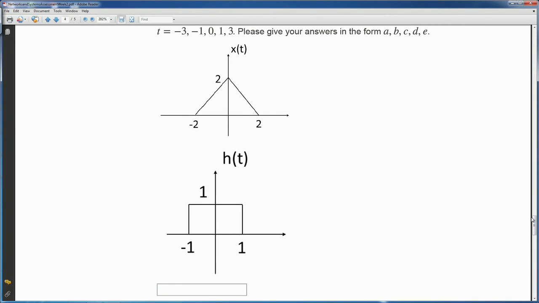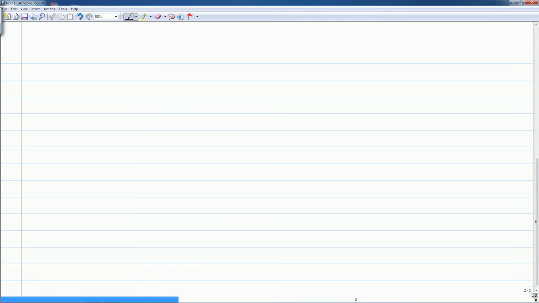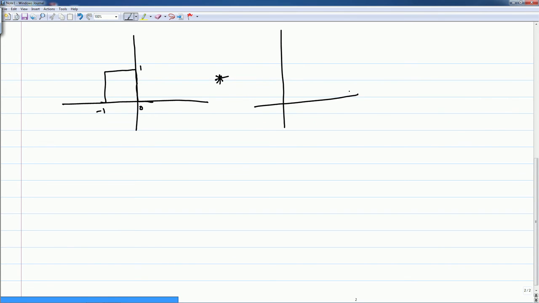Just as a motivation for you, if you're interested in a slightly more difficult convolution, I would urge you to try the following. Can you convolve these two signals? One is a square pulse, which is 1 from -1 to 0, and 0 elsewhere. You might want to convolve this with this signal, which is again 1, but from 0 to 1.